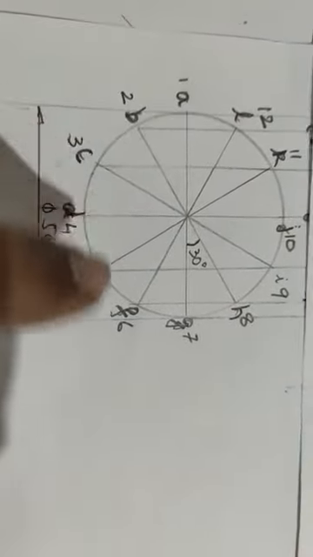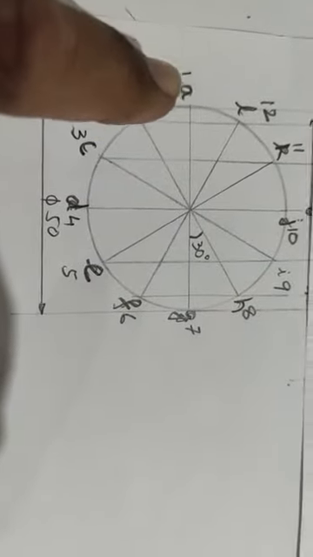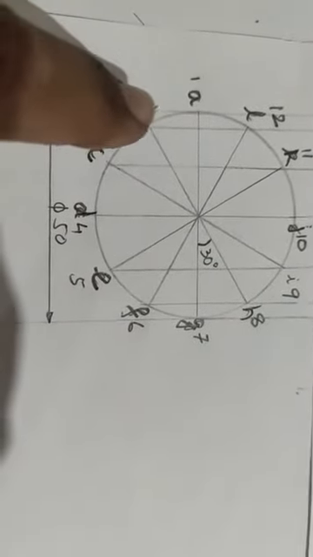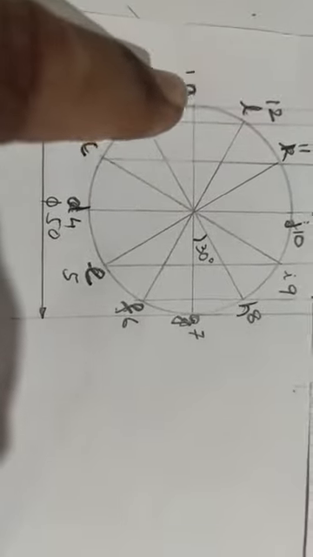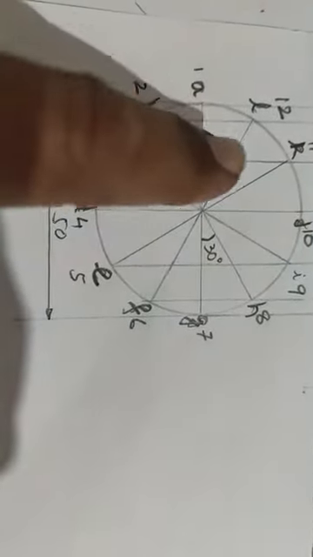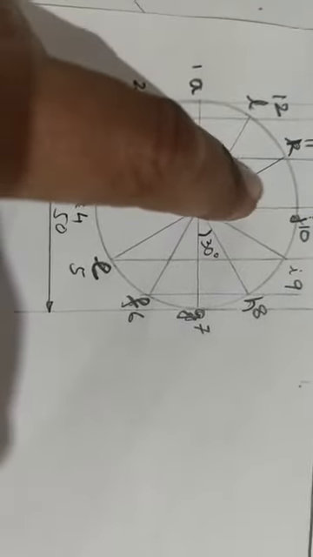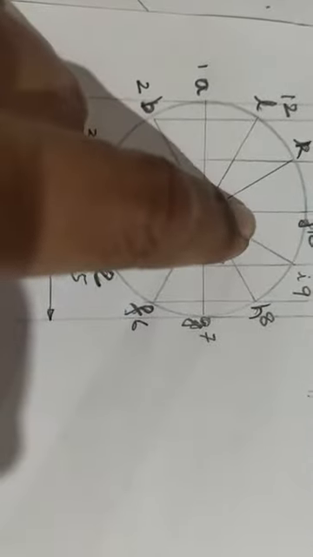I will name the first one as A, B, C. First you draw a horizontal diameter and a vertical diameter, then you measure a 30 degree angle, a 60 degree angle, and draw straight lines. Similarly here, 30 degrees and another 30 degrees, draw straight lines.